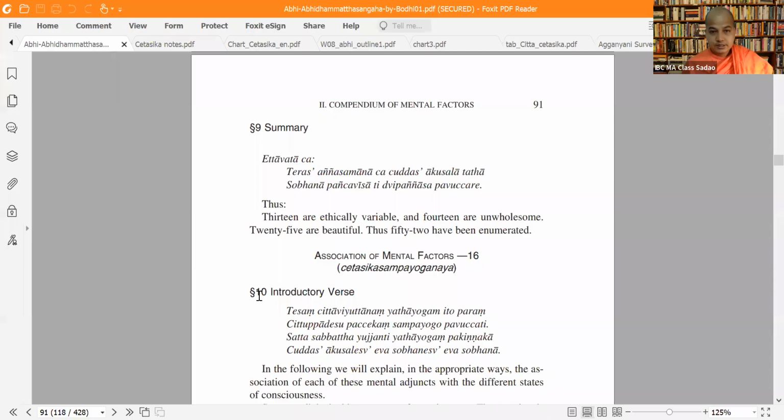Okay, so I think we can probably look at one or two descriptions of these mental factors from the Abhidhammattha Sangaha itself, and then you will have some understanding.